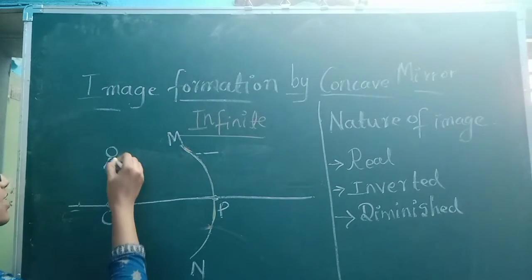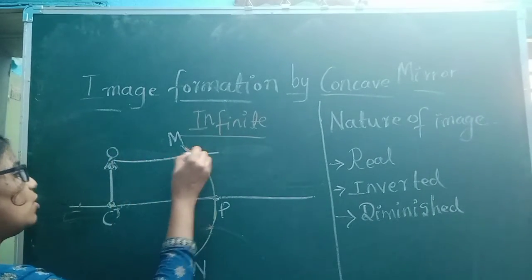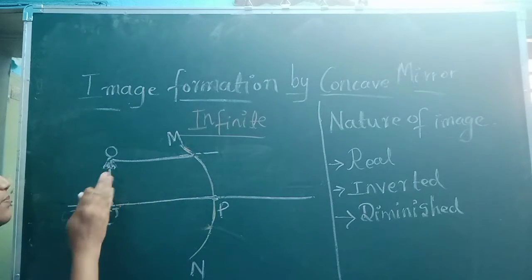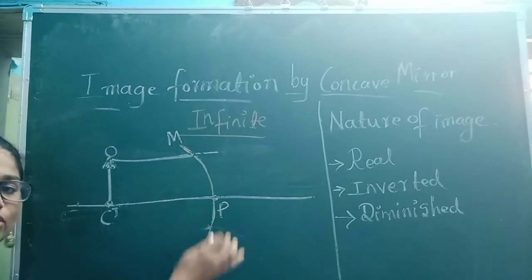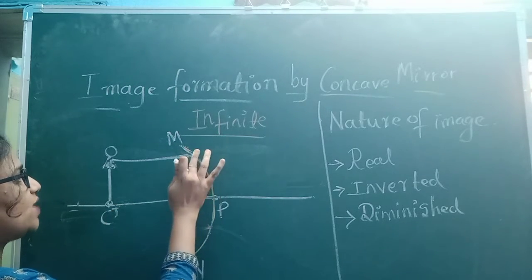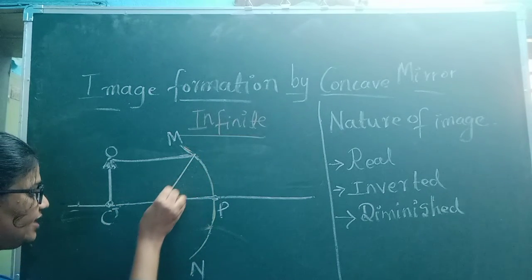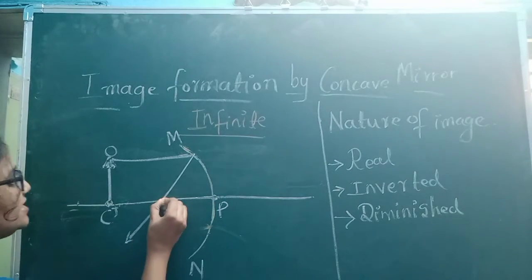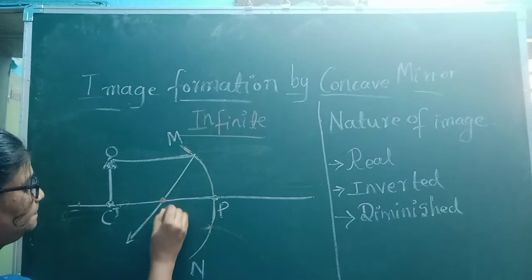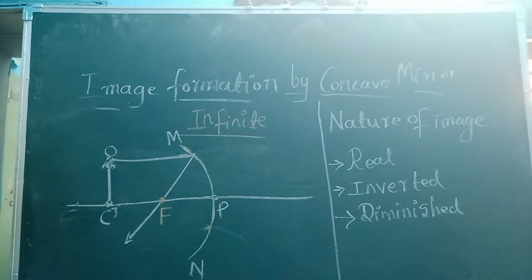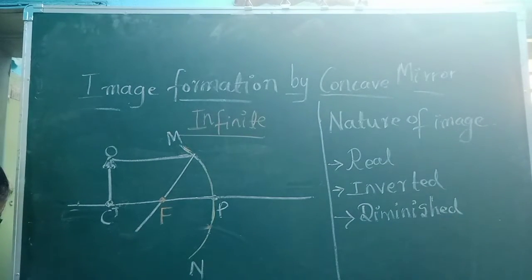When we keep an object OJ on the center of curvature, then we make a parallel beam of light incident on the spherical mirror, parallel to the principal axis. At that time, the reflected ray will come in this direction, that is, through the principal focus. Okay. And this will be a reflected ray.